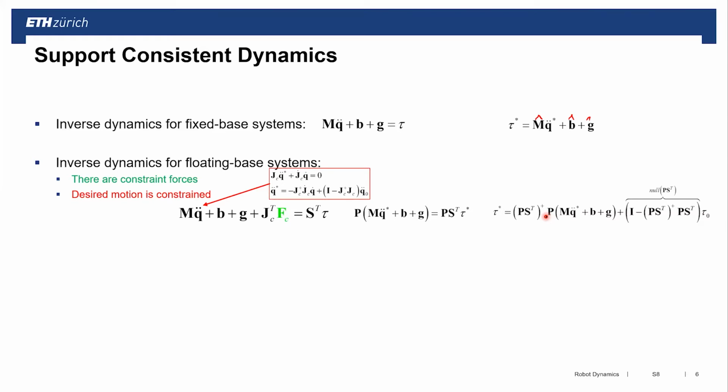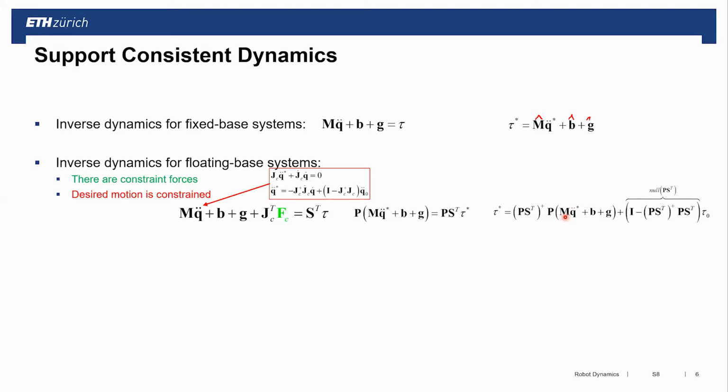And as we mentioned last time, this is not the only solution. So there is again here kind of a null space solution, which allows us through our tau zero to change the torque without actually changing the motion of the system.